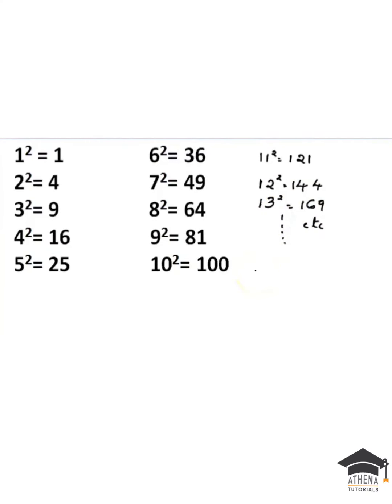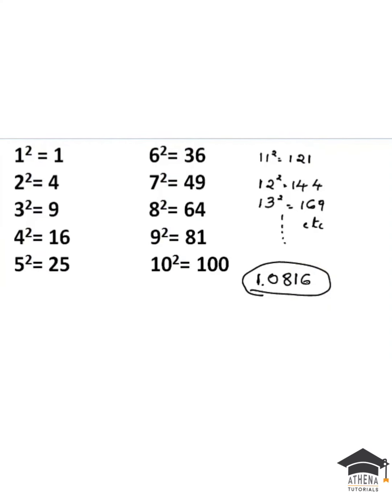Okay, now let's see what type of question they'll ask with respect to this. If they give you a big number like 10816, and ask whether this number is a perfect square or not. So for this, we will use the property of square which we studied earlier.